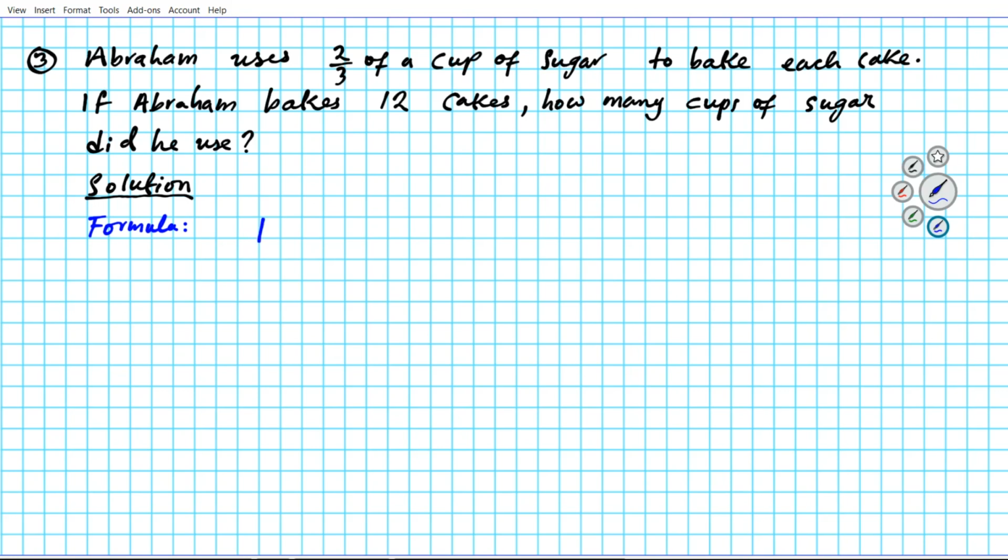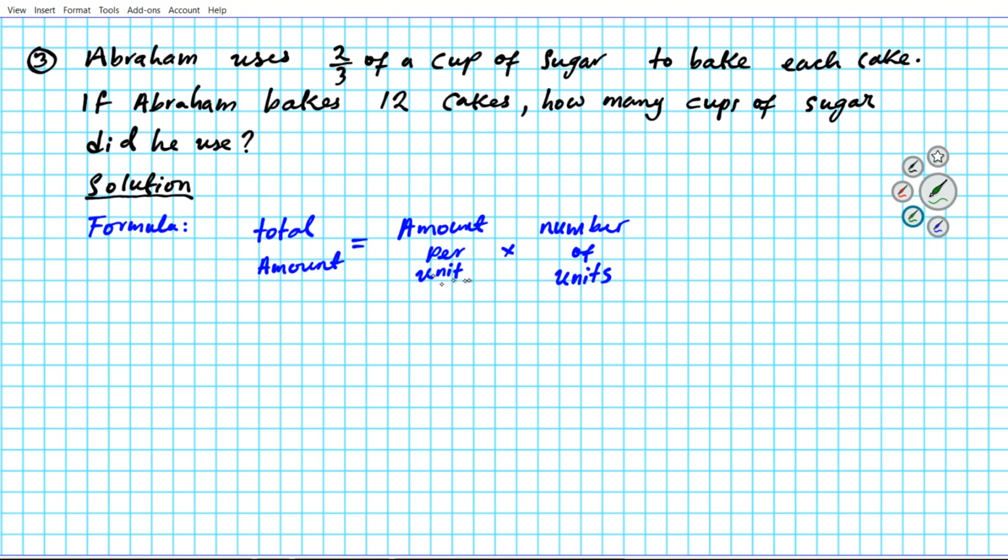The total amount, which is what we're looking for here, total amount of sugar used, is going to be the amount per unit multiplied by the total number of units. Okay, total number of units, and that will give us the answer that we want.